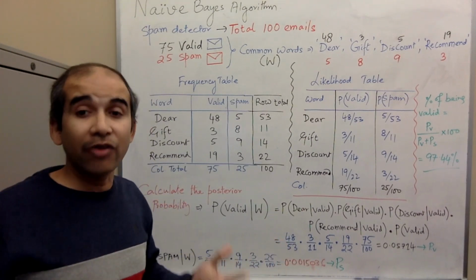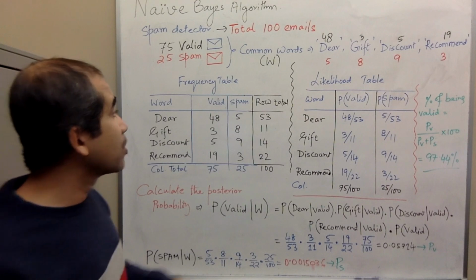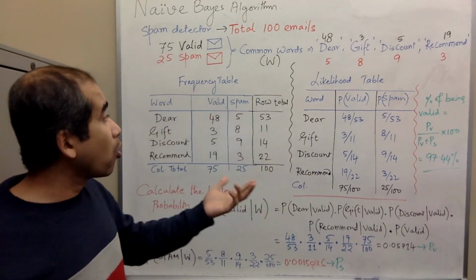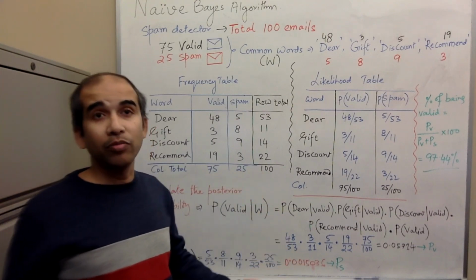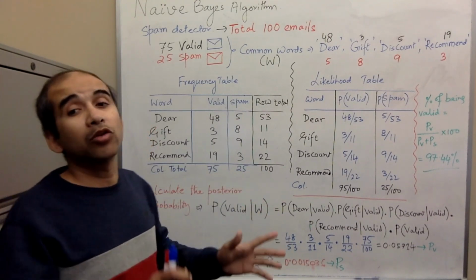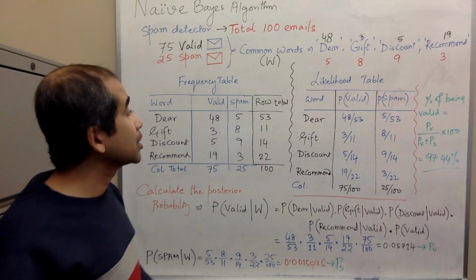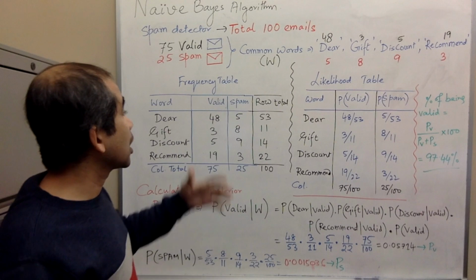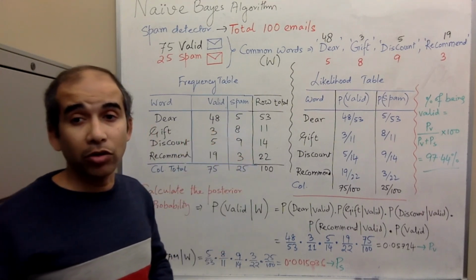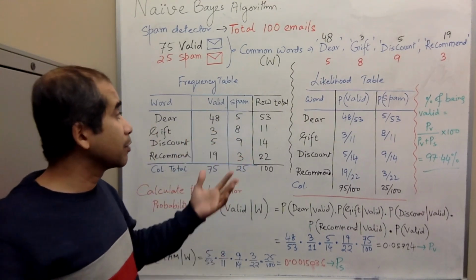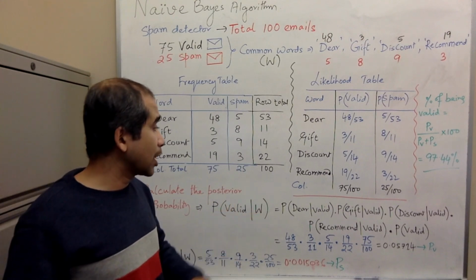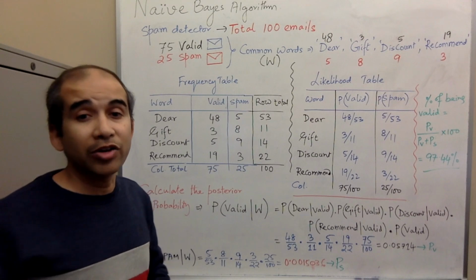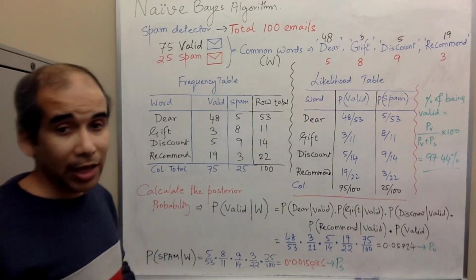So there is a very high chance that one of them kind of inspires the other word to appear, or one of them makes sure that the other word is not there. So in the practical world, they are not independent of each other, but this particular classification algorithm assumes that they are independent of each other, so that we can just multiply their probabilities, conditional probabilities, and that's why the assumption is very naive. That's why it's also called naive Bayes.